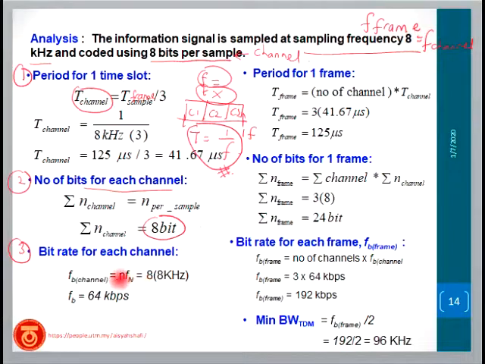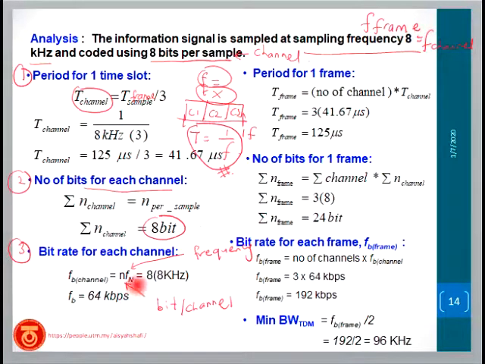So the bit rate for each channel is n times fn, where n is bits per channel and fn is the frequency per channel.